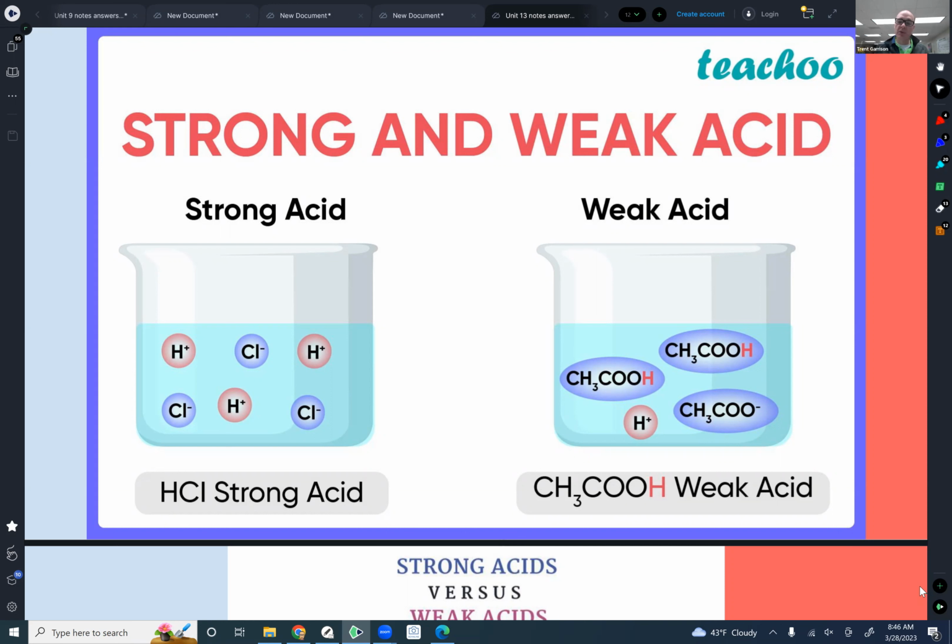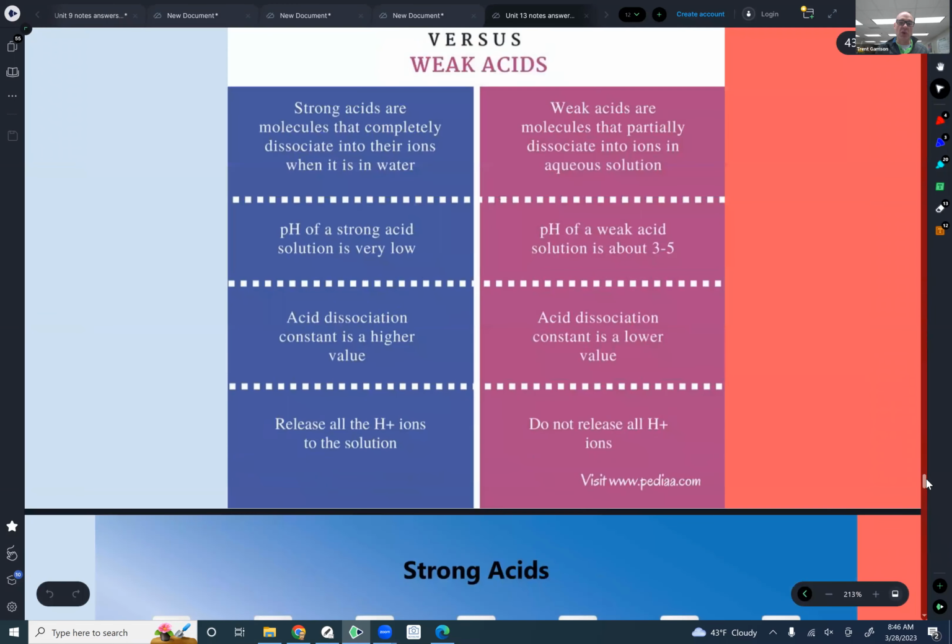But notice over on the right, if I have 3 of these acetate ions or acetic acids, only one of the 3 is going to separate. That means its pH is going to be higher, even though they might have the same amount of material. Only a smaller portion of it is going to be available as an H. That makes this a weak acid.